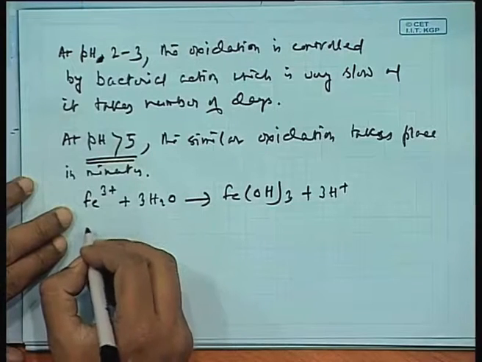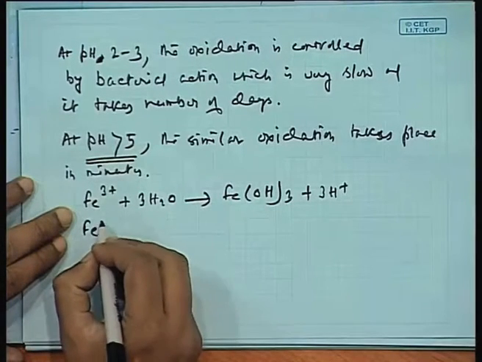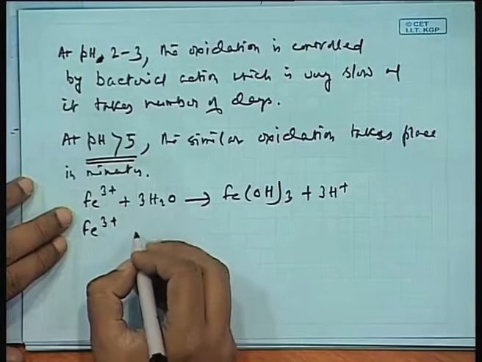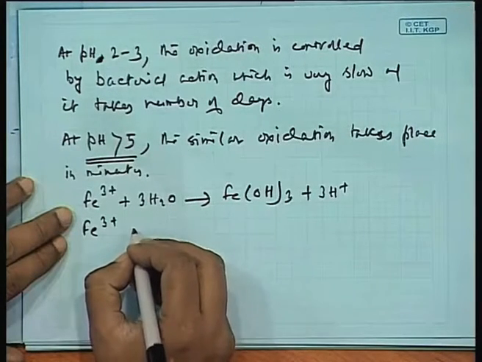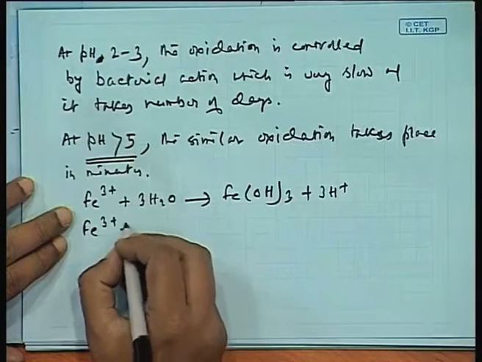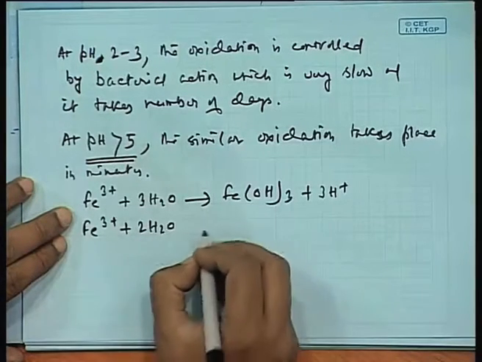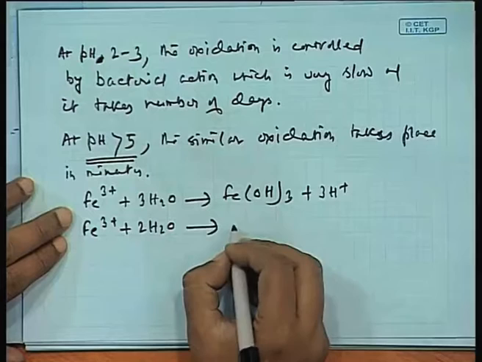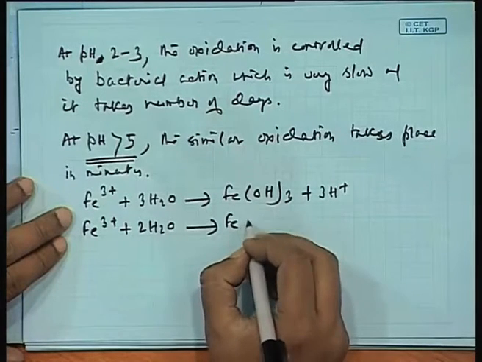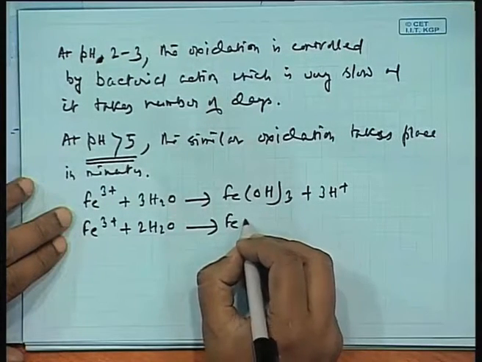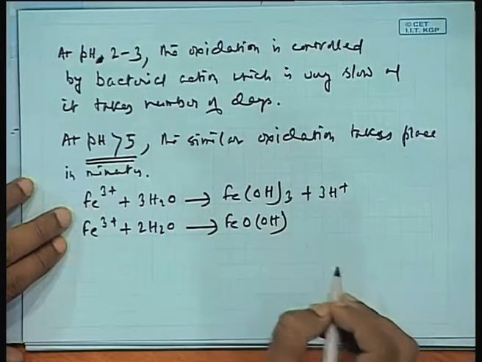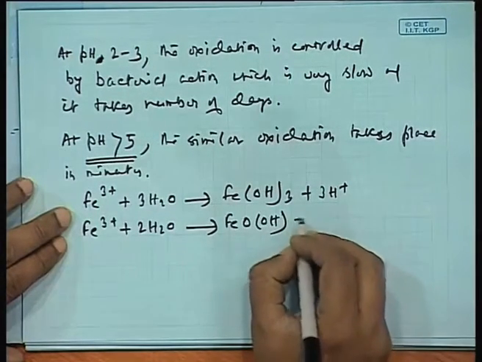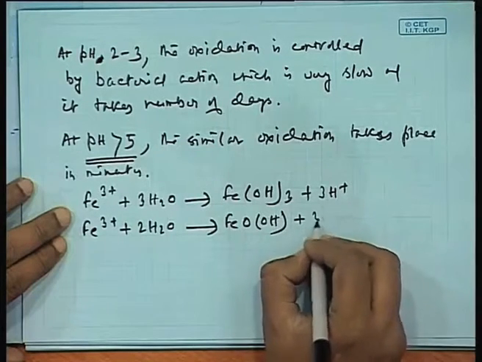Similarly, another reaction that we can generally write is 2H2O converting it to ferric oxyhydroxide plus 3H.